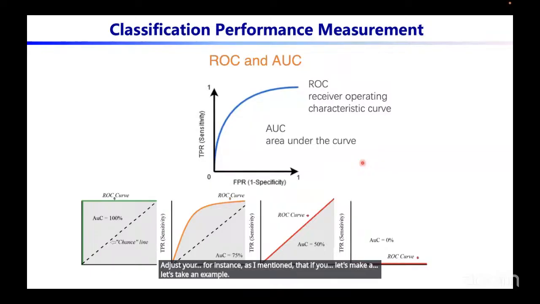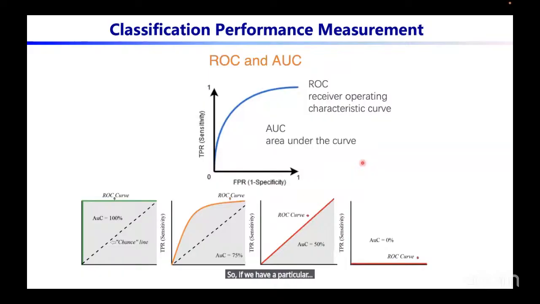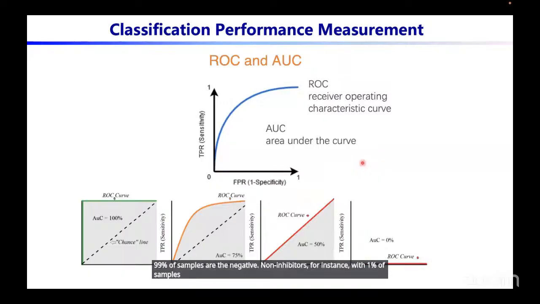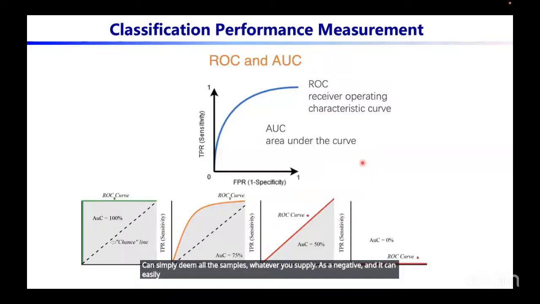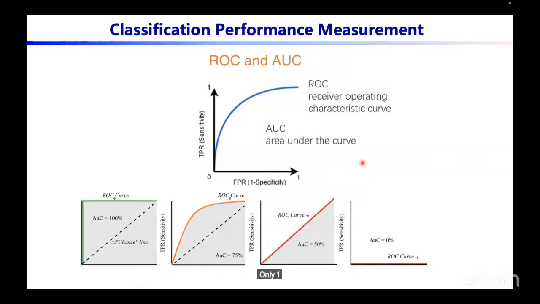If we have a particular training set with 99% of samples as negative, non-inhibitors, and 1% of samples as positive, a lazy AI can simply deem all the samples, whatever you supply, as negative, and it can easily achieve 99% accuracy, only 1% error, right? But that 1% is so critical because it constitutes 100% of the positives.